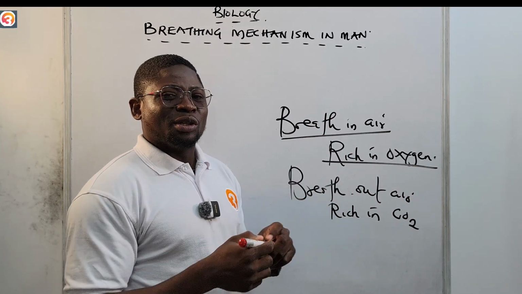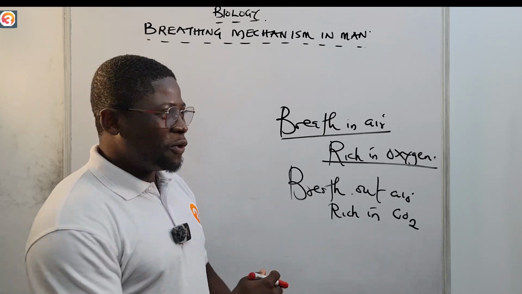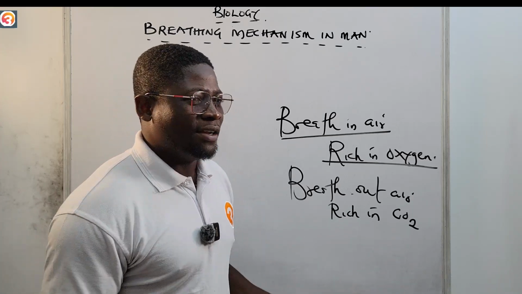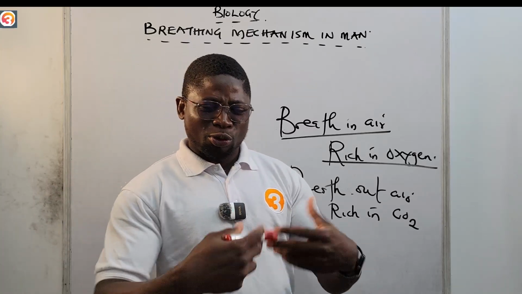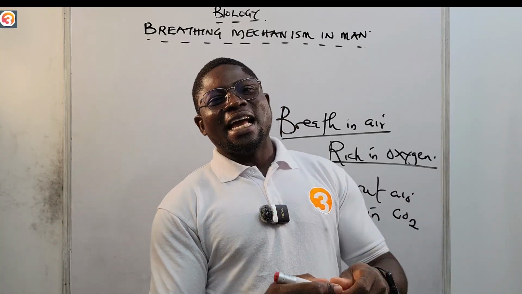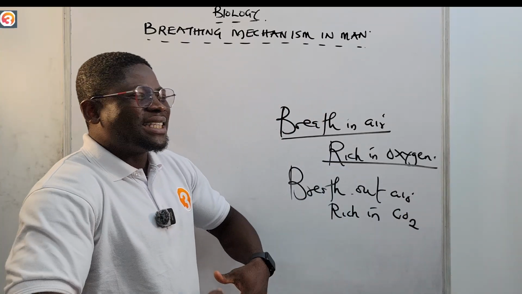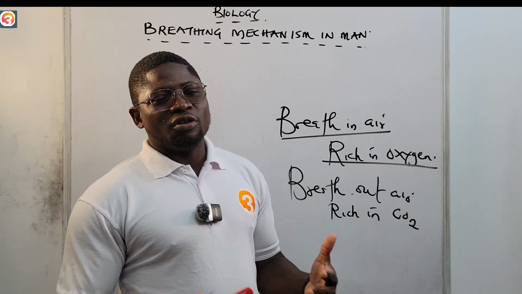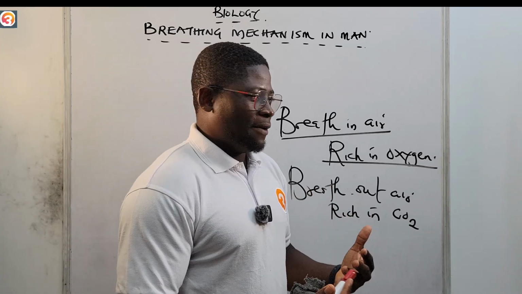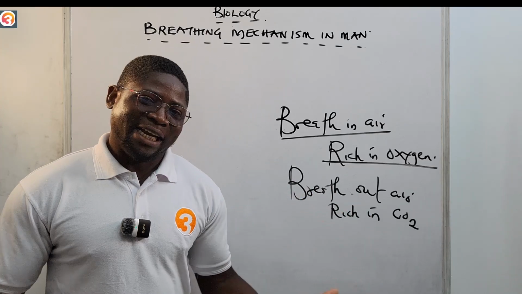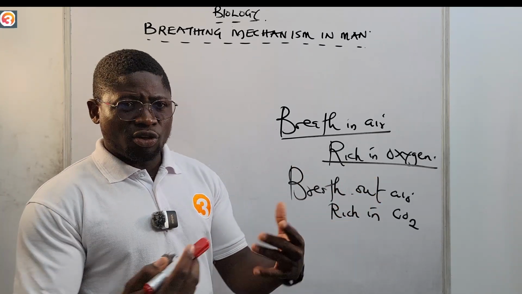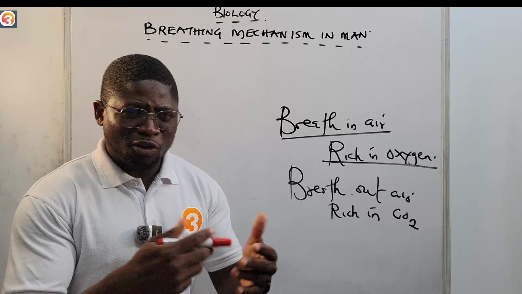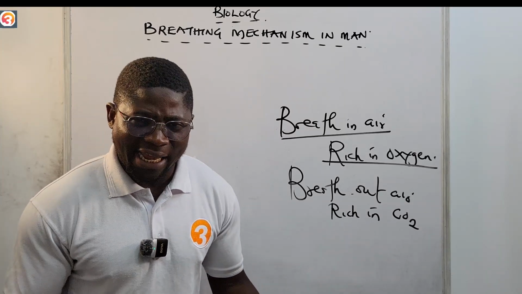This is how some people say we breathe in oxygen and breathe out carbon dioxide. It's a layman's way of saying it. As a biology student, to show that you know what you are saying, you say that we breathe in air that is rich in oxygen, and we breathe out air that is rich in carbon dioxide. And you know that sometimes when you breathe in air, dust particles will follow also. Smoke particles may follow when you breathe in polluted air.